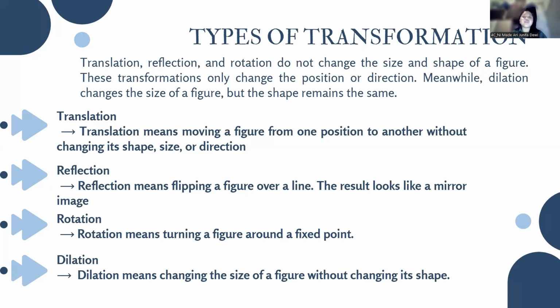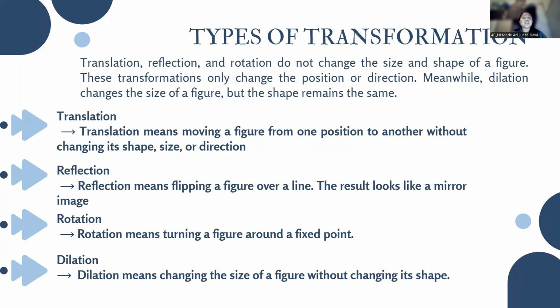And there are four common types of transformation in geometry. The first one is the translation. Translation means moving a figure from one position to another. In Indonesian, translation is called translasi or pergeseran. The second one is a reflection. Reflection means flipping a figure over a line.